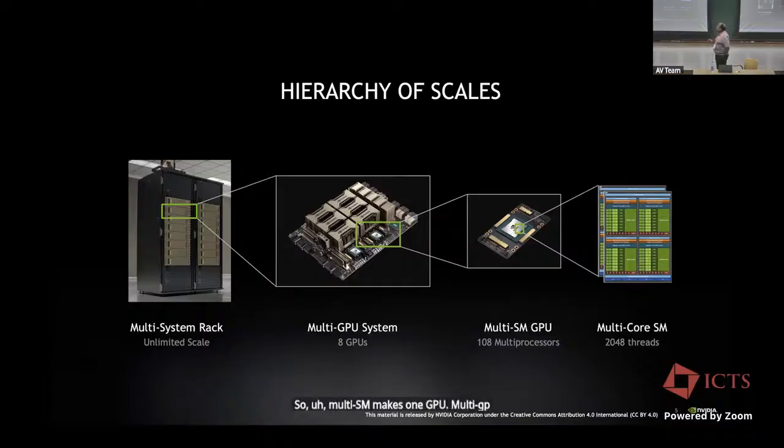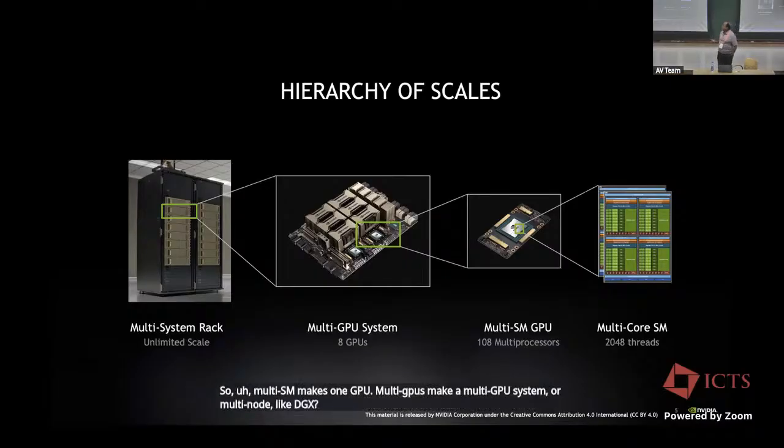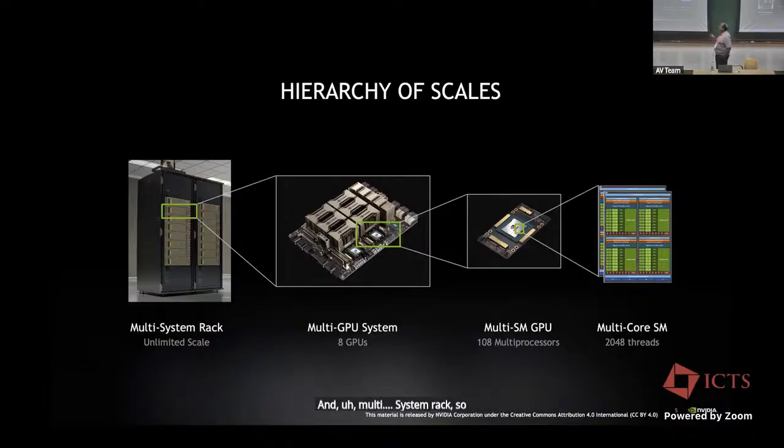Multiple GPUs make a multi-GPU system or multi-node system like DGX, and then a multi-system rack. So you have a hierarchy of scales. At all scales, you need to think about programming. Take advantage at all scales, basically.